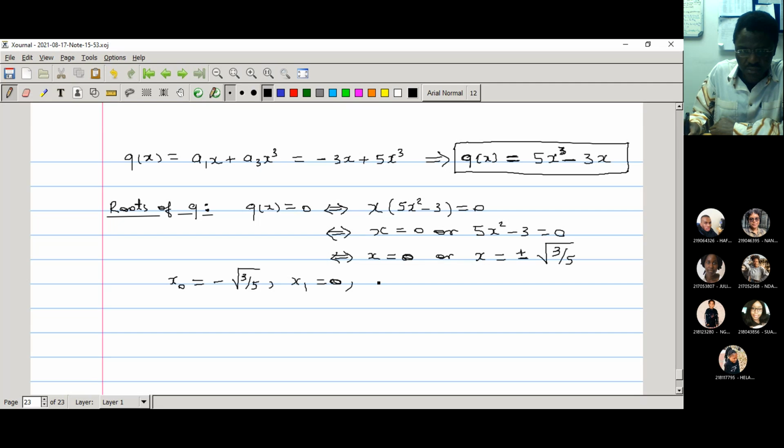And finally, x2 is the symmetric of this, which is square root of 3/5. Okay, so that is it.